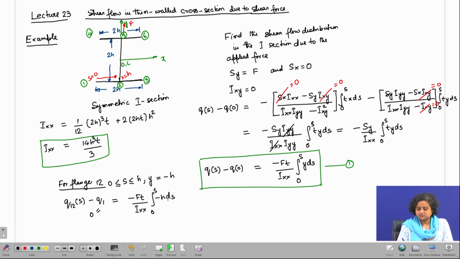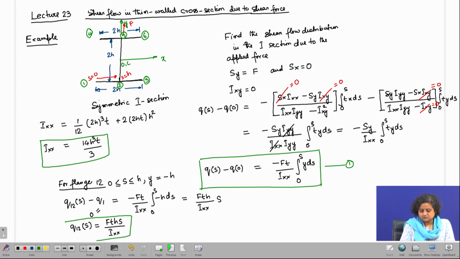So, that is going to give me F t h by Ixx into s. So, this is the expression for q12. Therefore, we can say that q12 s is going to be F t h by Ixx into s. Let me call this equation 2.